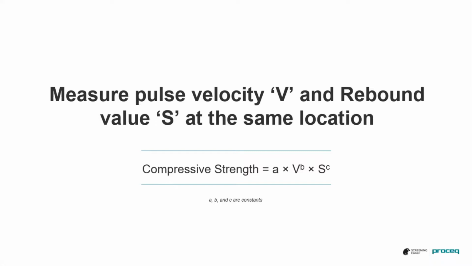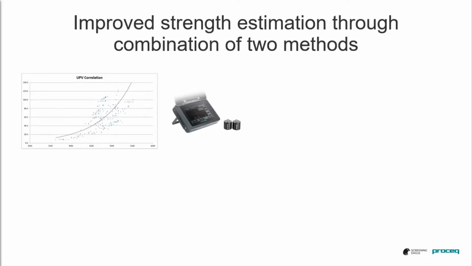The reason why people do this, if I have, this is an example test data. This was done in the UK. You can see all of these samples. Each one of these was a block, and we get a correlation factor between pulse velocity and compressive strength.